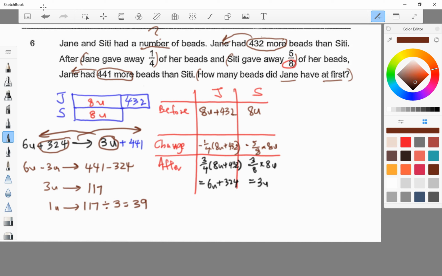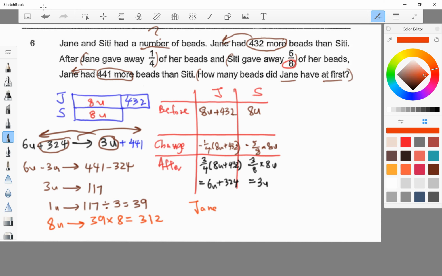So if 1 unit is 39, let me try to find Jane. Jane is actually 8 units plus 432 because Jane has 432 more bits than Siti. So if I work out 8 units will be 39 multiplied by 8. And this will be 312. So now I'm down to the final step.